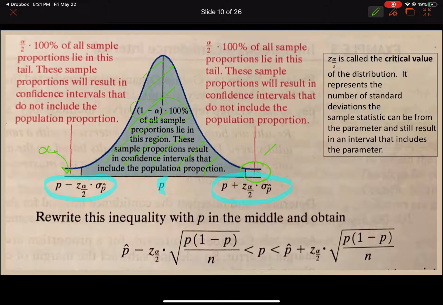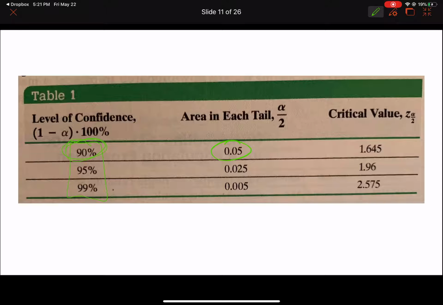So this is the area that is not included in our confidence interval, is the tail. So when we're looking at the center 90%, 0.05, so 5% is at the top and 5% is at the bottom.